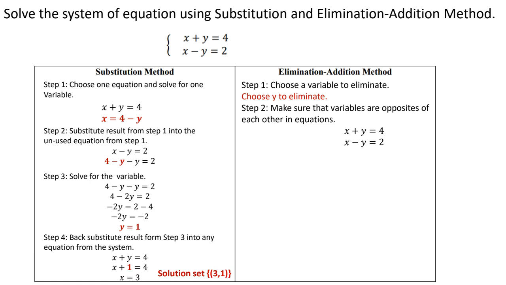When I add these two equations together, I have 2x is equal to 6. The x plus x is 2x, 4 plus 2 is 6. Now to solve for x, I'm just going to divide by 2 on both sides. So x equals 3.